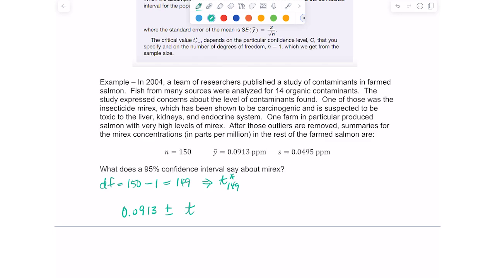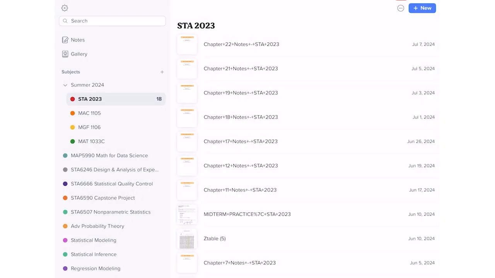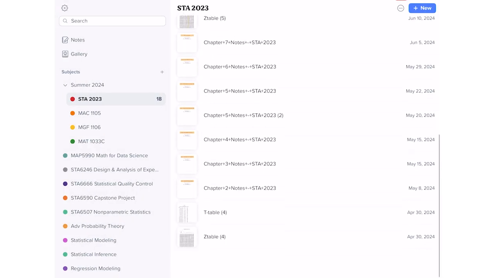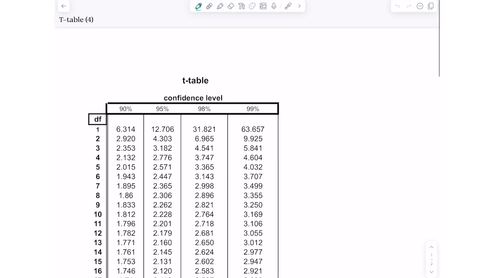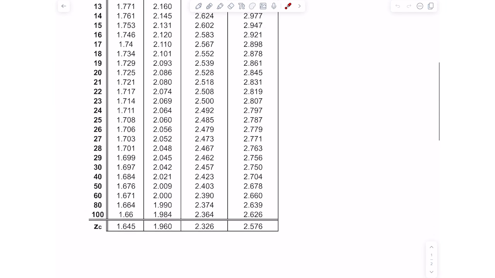Not the Z table, but the T table, which looks like this. And you can see the different confidence levels, and then you can see the degrees of freedom. So our degrees of freedom is 149. So if you note, there is no 149 here, okay? So what you do is you would round up.